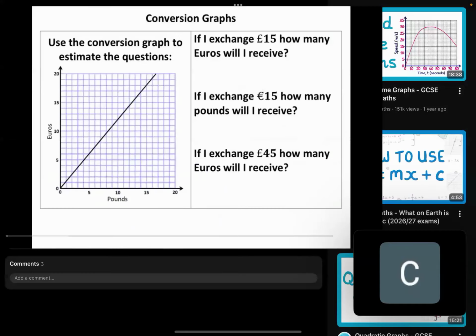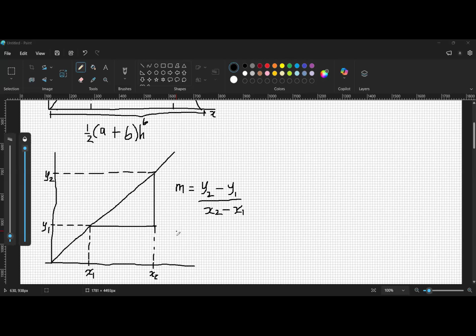All right, so on sharing your screen, we will now work out the one for £45. Now, remember, pounds is on the x-axis. Just keep that at the back of your mind, so when we're working it out, you know what we're talking about. Remember, our graph is going to be y equals mx.